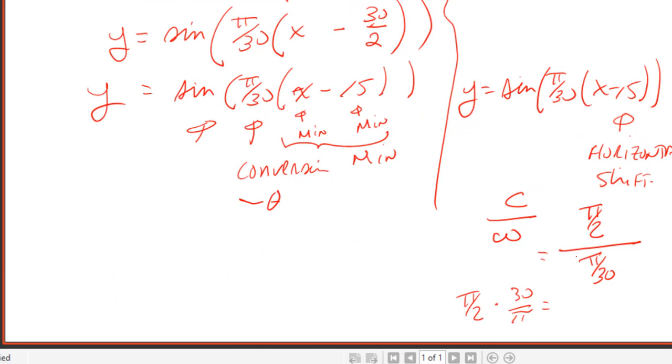Pi over 2. So when I do this operation, the pi's cancel. 30 divided by 2 is 15, and there we have it. That's my horizontal shift. So hopefully this will give you a better sense of what's happening here when we go from horizontal shift to phase shift.